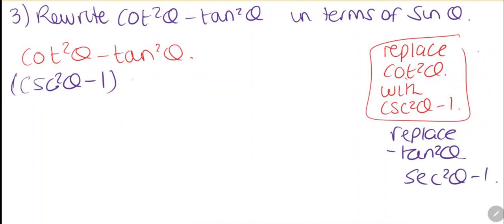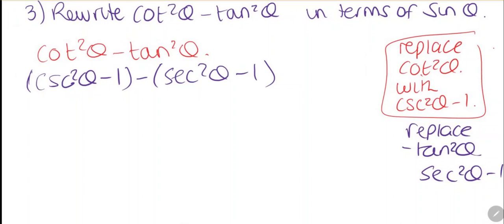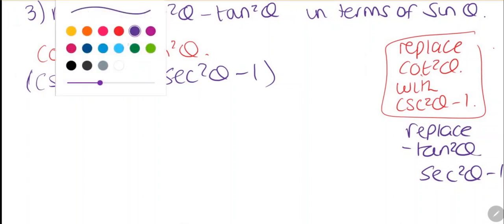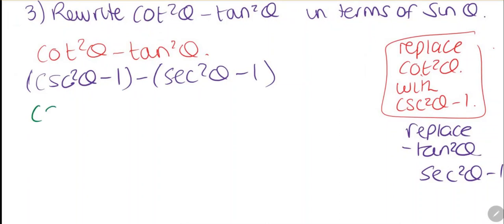So I'm going to put this in brackets, so I'm going to minus secant squared theta minus 1. And I'm going to multiply out my brackets. So I've got cosecant squared theta minus 1 minus secant squared theta plus 1.